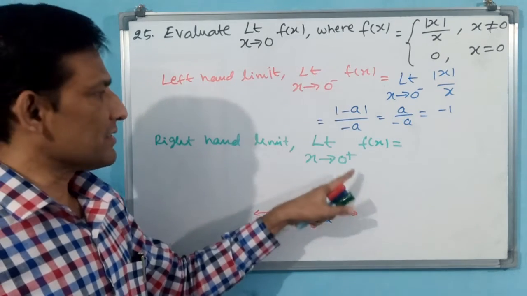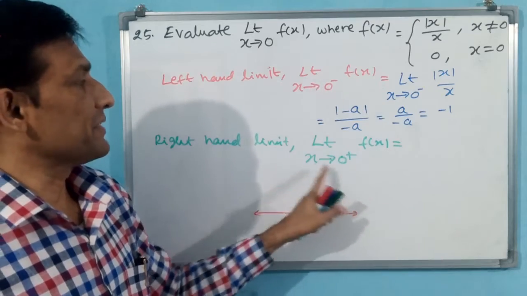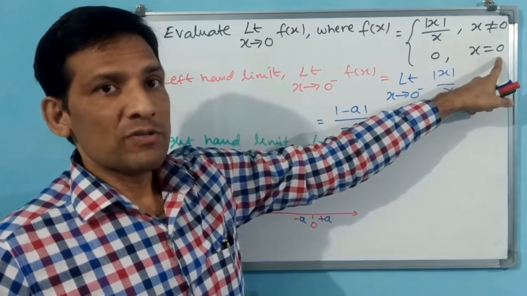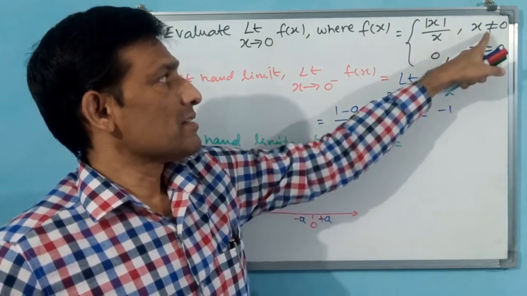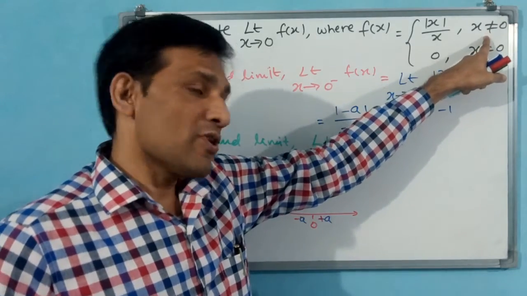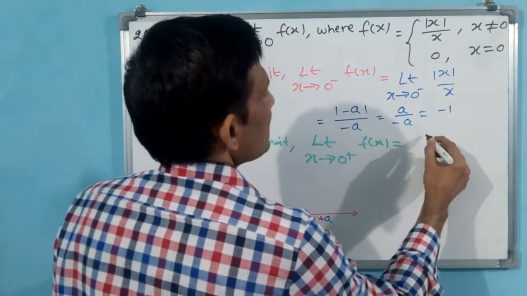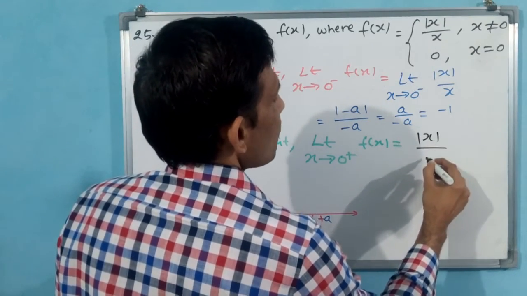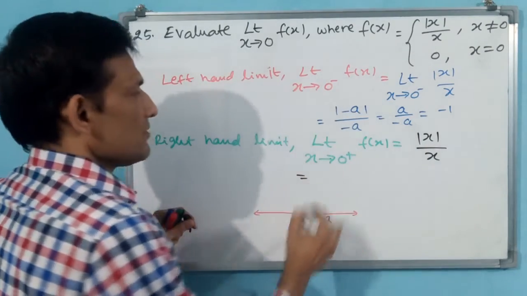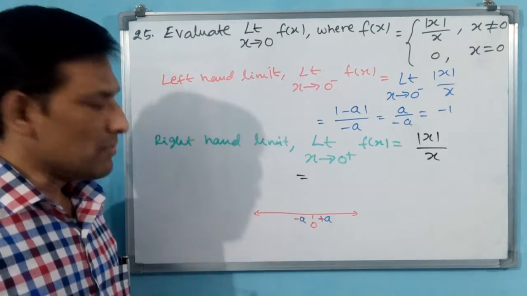Left hand limit is 0 minus, right hand limit is 0 plus. Same f of x, f of x. You see, at 0, this one. But not at 0. That means less than 0 or greater than 0. Both, this expression only you have to take: modulus x by x. That is equal to. Okay, now come here.